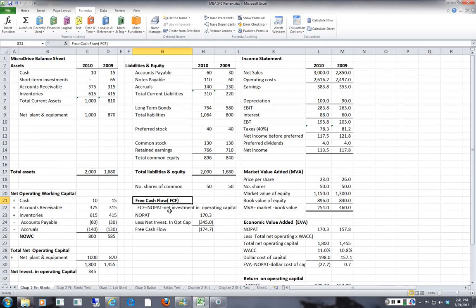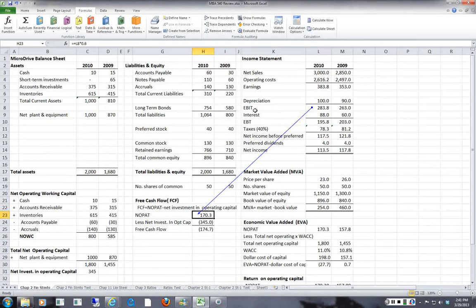And free cash flow is determined as net operating profit after taxes minus the net investment in operating capital. So NOPAT is going to be $170, and how that's calculated, we go up here in the income statement and we take $283.8, which is earnings before interest and taxes, and we're going to multiply it by 0.6, which is the after taxes.